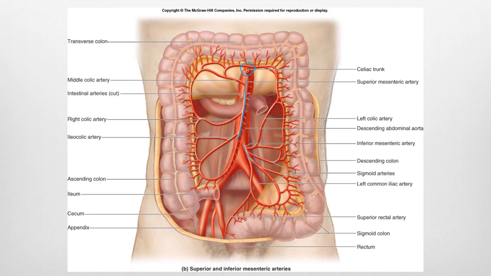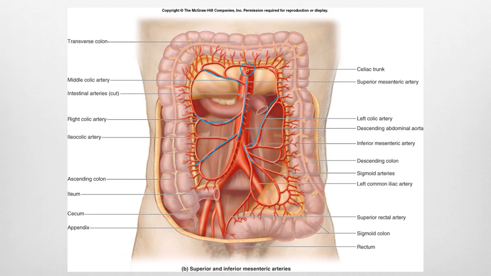Both of those are going to split off branches and have some major branches that go off towards the large intestines as they make their way there. And so we have our ileocolic artery, we have our right colic artery, and then we have our middle colic artery. Coming off of that inferior mesenteric, we have our left colic artery.